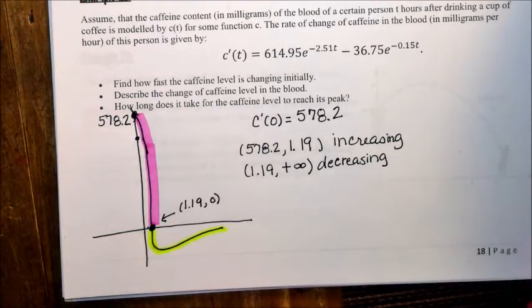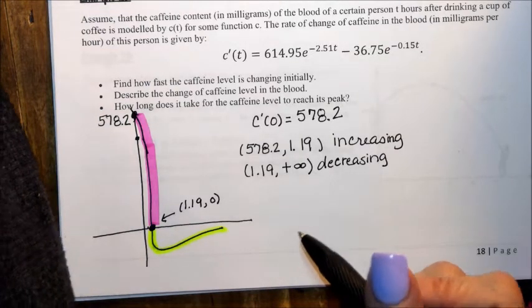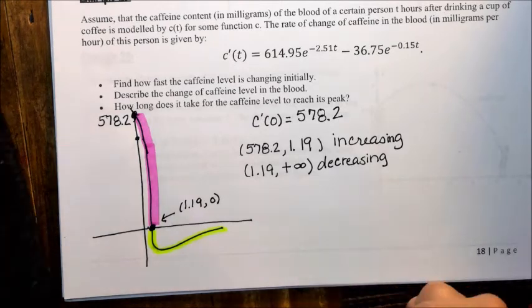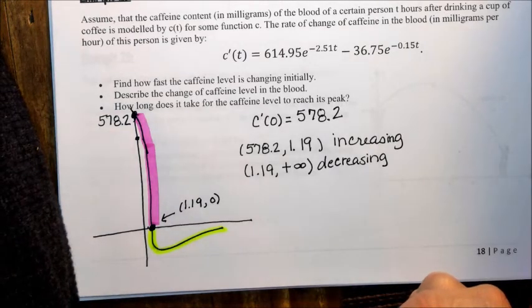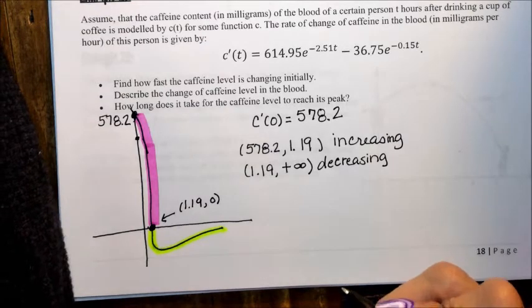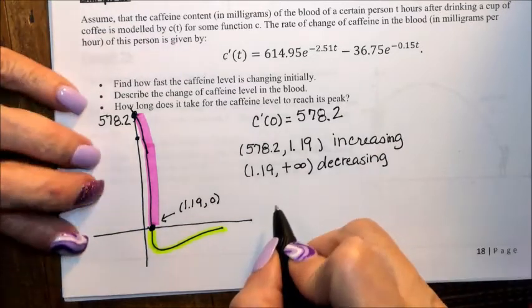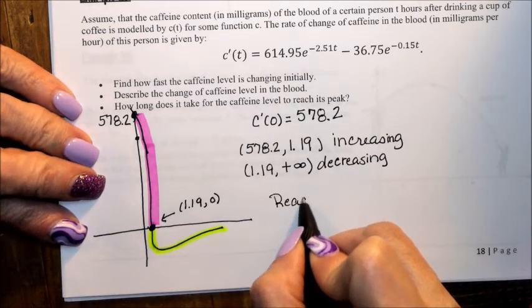All right, how long does it take for the caffeine level to reach its peak? Well, it takes, is this in hours? I don't remember what this was, hours. It takes 1.19 hours to reach it. So it reaches its peak when it stops increasing. So that 1.19 hours reaches its peak.